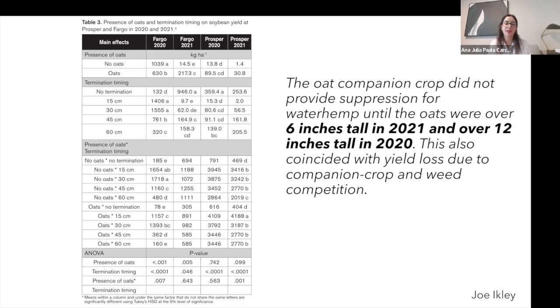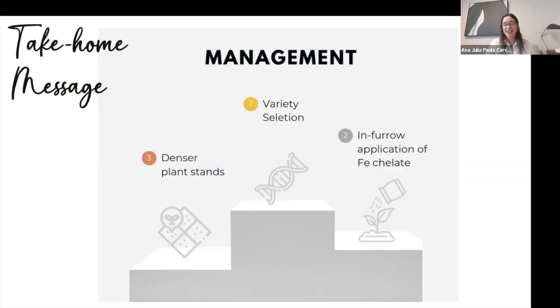If you terminate the oats at that moment, you are not going to have a yield penalty. So if you're handling your IDC fields with a companion crop, this is something that you should consider. Saying that, I went through all my slides as fast as I could, just to make up the time.